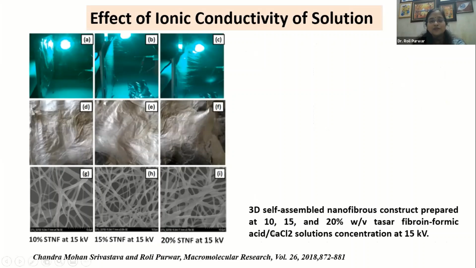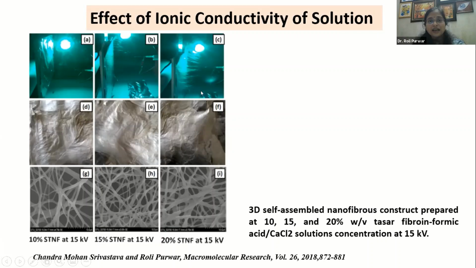When we redissolve it in the formic acid and calcium chloride solution, the calcium chloride gives some ionic conductivity to the polymer solution. You can see in the photograph that the fibers generated are aligned in one direction.